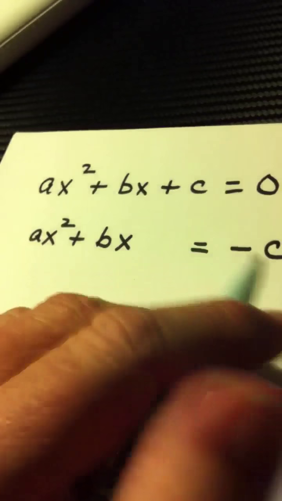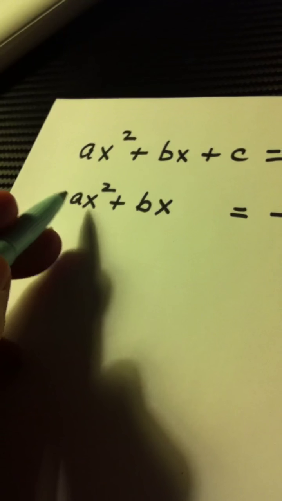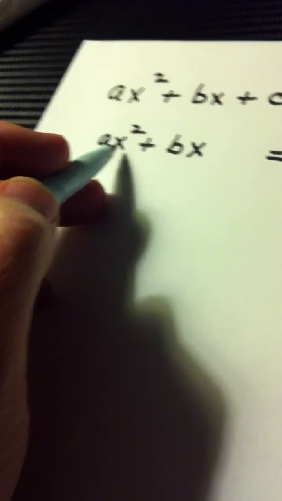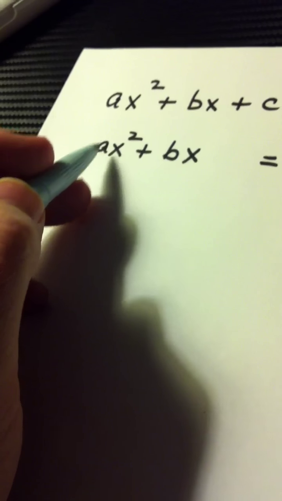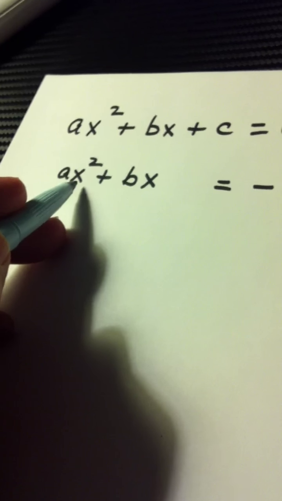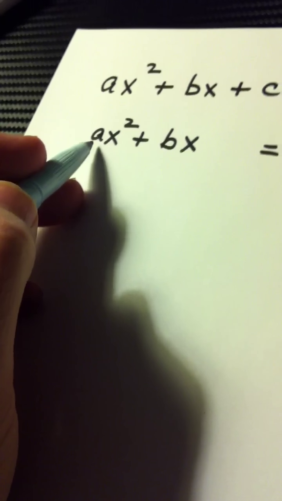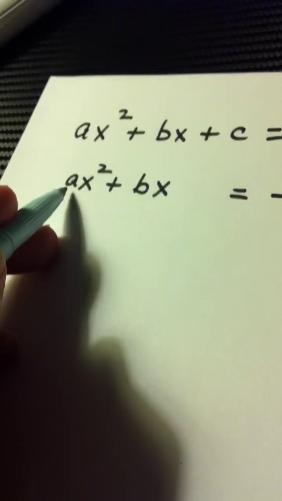Cool. All right, next step. The leading coefficient, which is the number in front of the x squared, has to be a 1 before I can complete the square. So, this is not a 1, but if I want to make it into a 1, I can divide through by a. Now the reason I can do that safely, remember we can never put 0 in a denominator. That's a restricted value. But what did we say about a at the beginning of the problem? a cannot equal 0.